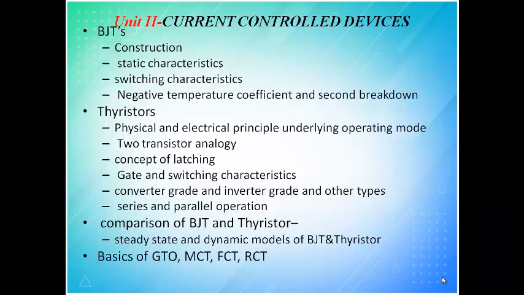If it is PNP, then the center layer is N, where the minority charge carriers are holes. If the center region is N, then what is the minority of that N? The minority of the N is holes. So by some means you have to inject these holes, and on both sides of this N-type material you already have holes.